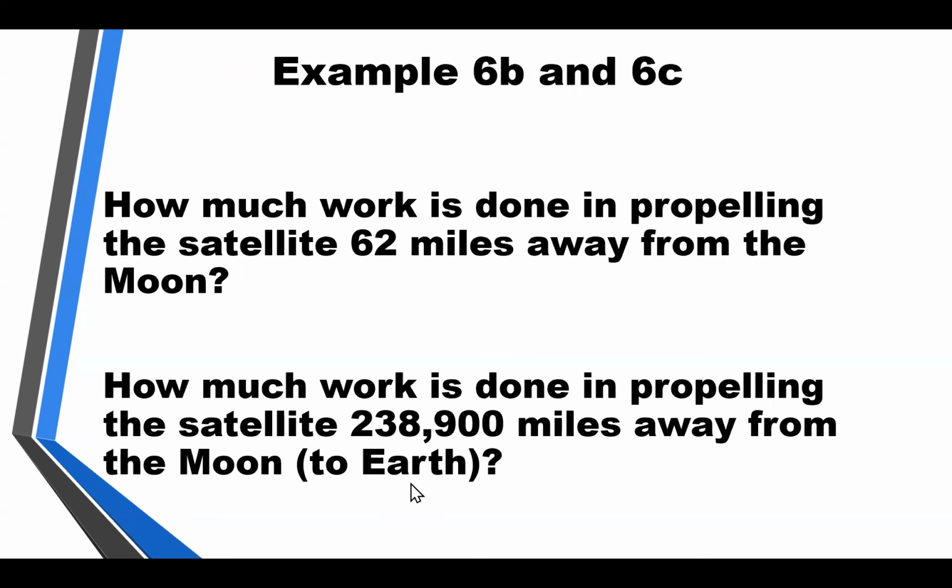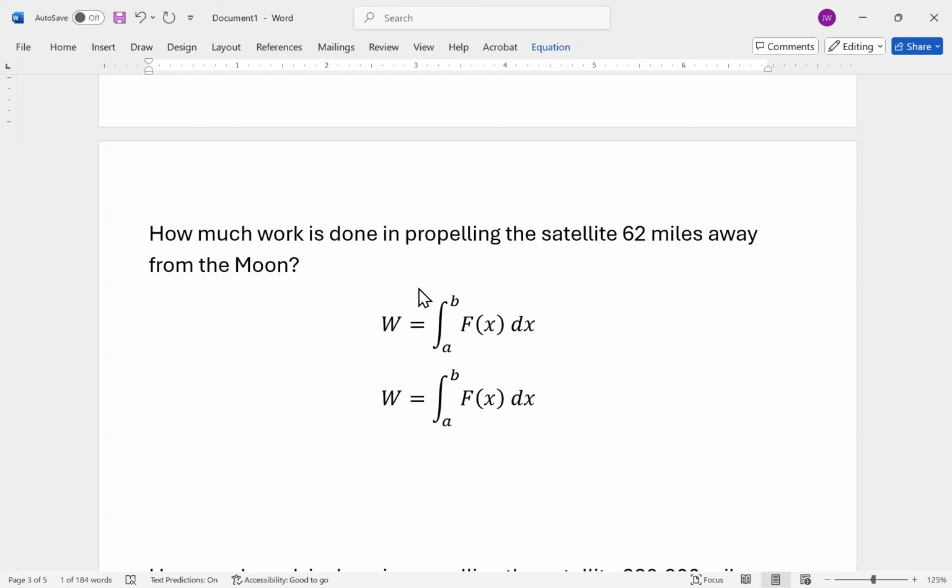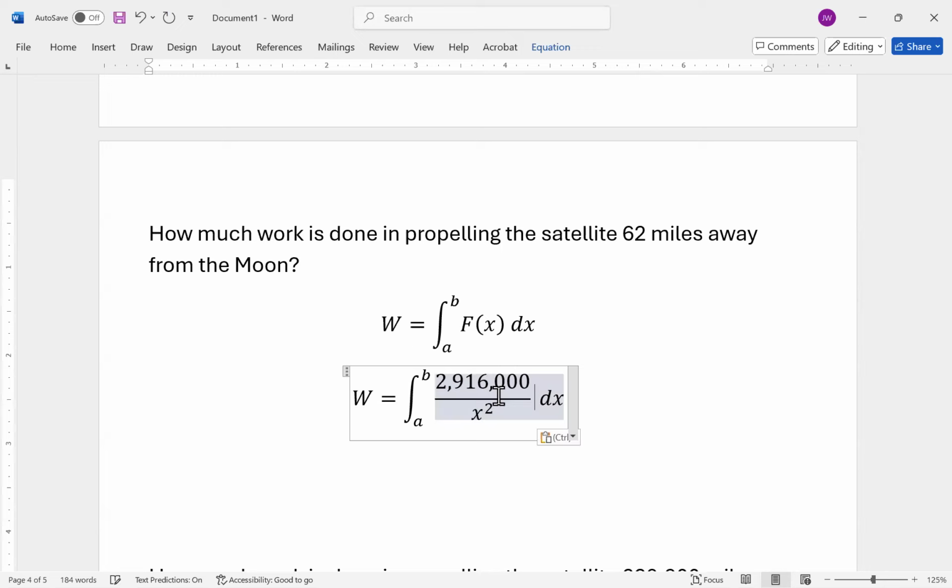By the way, that would be the distance from the moon to the Earth, this number. So we'll just calculate that force as it applies to the moon. So let's go ahead and do that. This satellite had the force function of 2,916,000 divided by x squared.